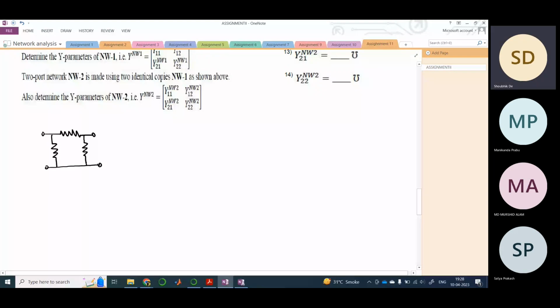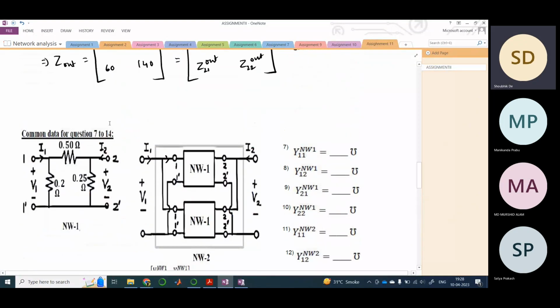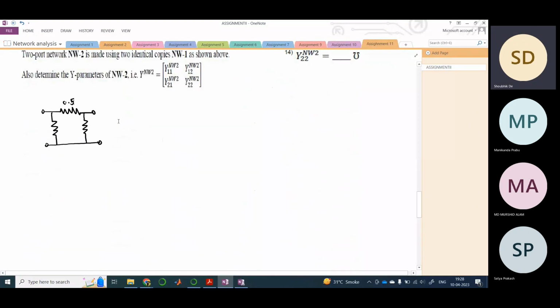So this is 0.5, this is 0.2 and 0.25. This is port 2, V2, I2, I1, and V1.